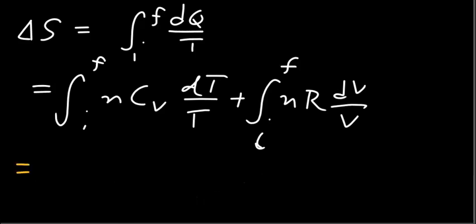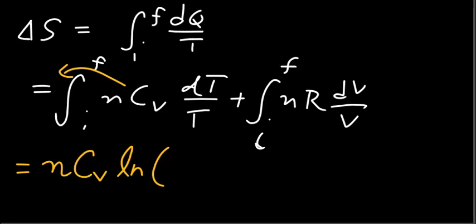So let's solve the integrals. In the first integral, the number of moles times the molar specific heat at constant volume are constants and you can take them out of the integral sign. Integrating 1 over T with respect to T will give you the natural log of T, substituting the limits, the temperature of the final state over the temperature of the initial state.